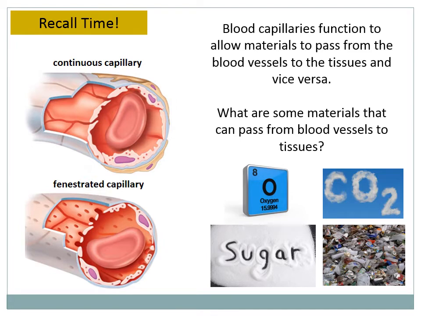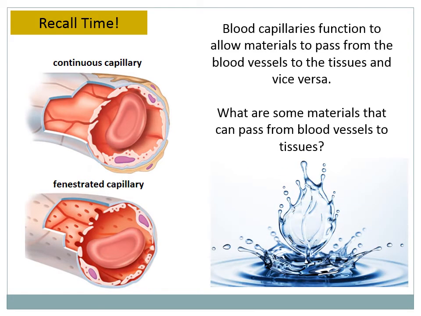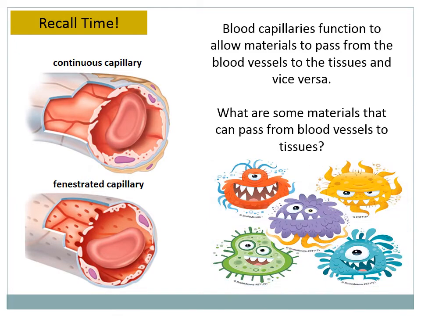All that trash that we make on the inside of our bodies. Another big one is water. And another one that we can pass that we don't often think about is actually germs. Okay, so when I say germs, I mean things that are going to be attacking our bodies, such as bacteria or viruses. So we can pass a lot of things through our blood vessel tissues, right? So there are things that we're going to need to take a look at before they actually enter our body.